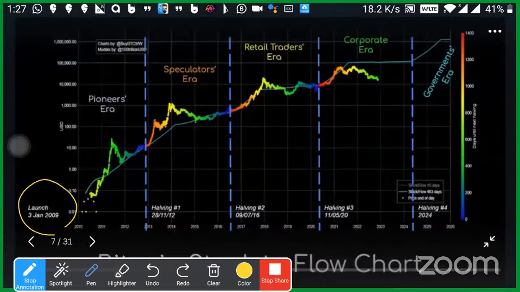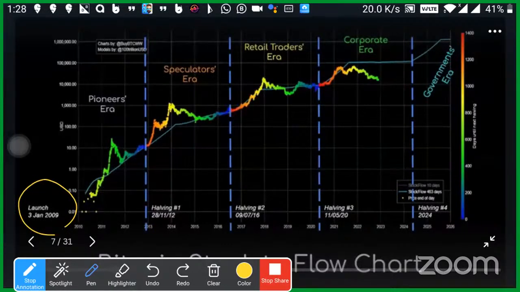This way they made history, and till today nobody knows where they disappeared. But Bitcoin has been running for the last 14 years. It started on 3rd January 2009, and last month we all celebrated the 14th birthday of Bitcoin, right?